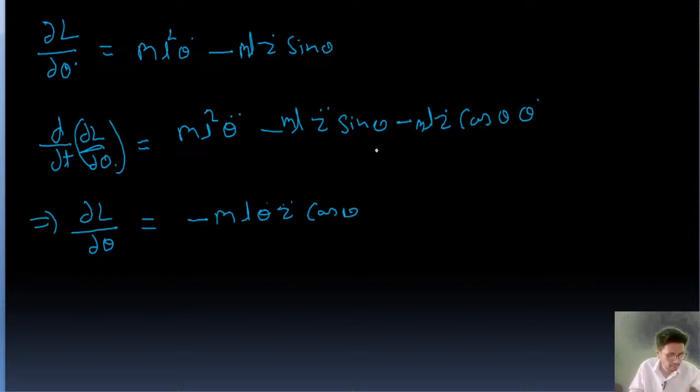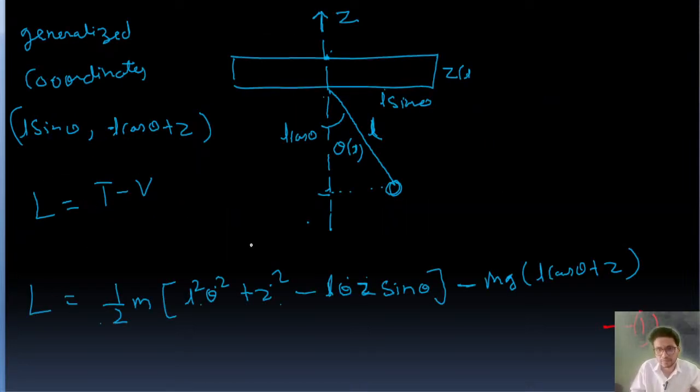So this value is going to be plus, okay, minus mgl sin theta, because here you can see this one is minus, and this is also minus. Minus sin theta is minus minus plus.